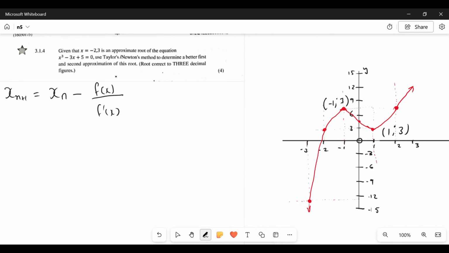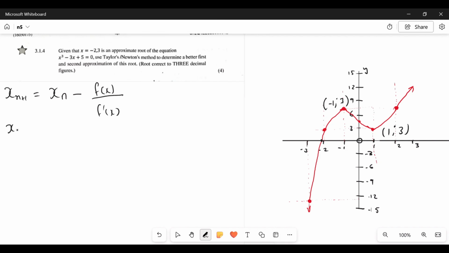Basically, we're trying to find the accurate value of the x-intercept using this formula. When you get the same approximation, it means that is the correct answer, or very, very close to the correct answer there on our x-intercept.